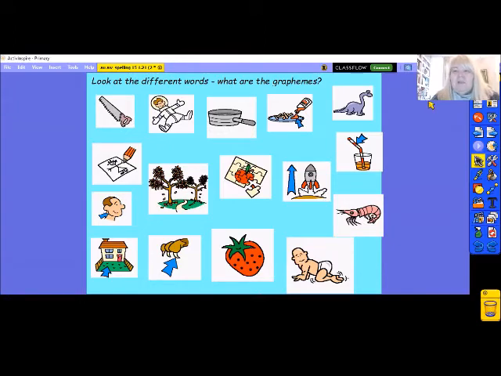Now with all these words, they've all got the phoneme or. Can you say that for me? Or. If we take this picture, we've got s, or, s, sauce. And that's how we blend, segment the phonemes to make the word. This one is astronaut.